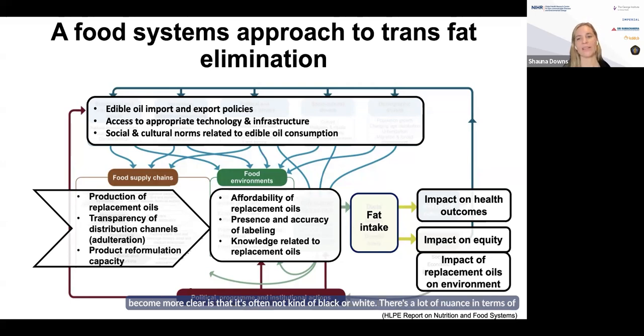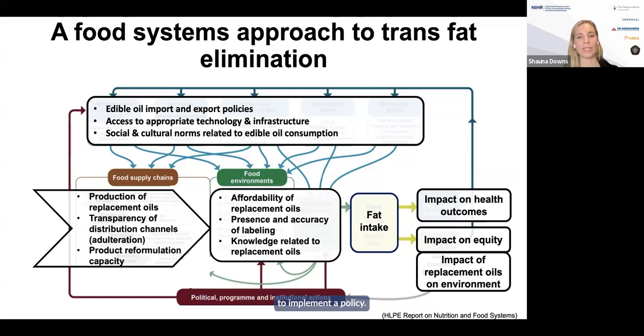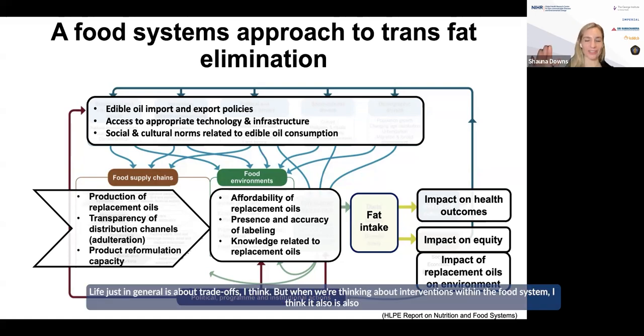There's a lot of nuance in terms of thinking about where the most effective lever is within the food system to implement a policy. So something to consider. I think that life in general is about trade-offs, but when we're thinking about interventions within the food system, I think it also is.